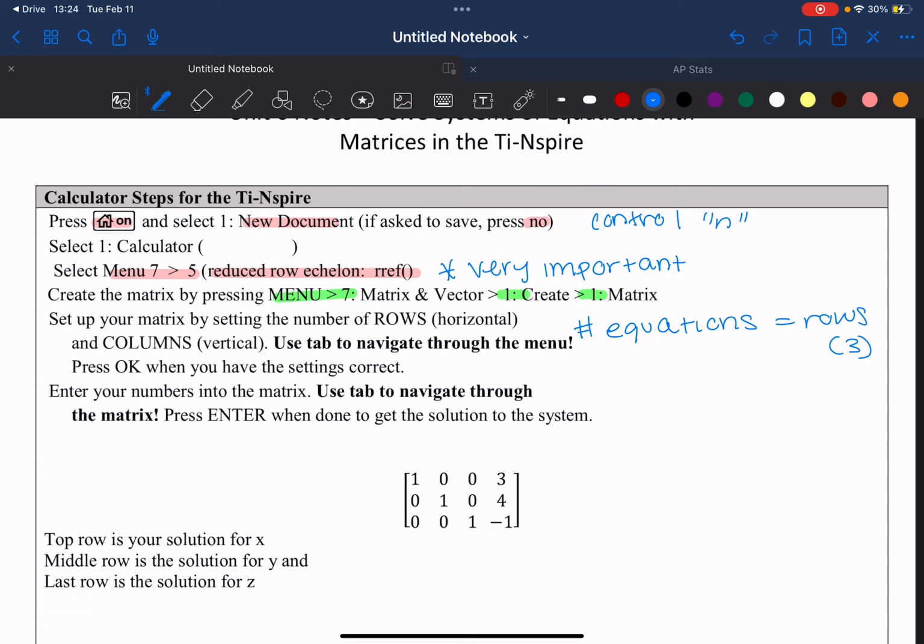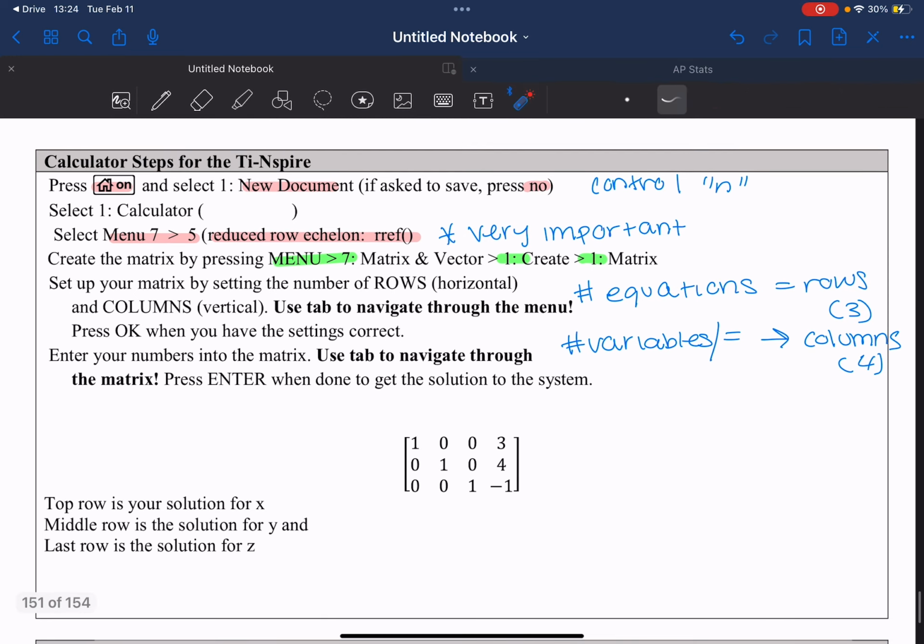And the number of variables, including the equal sign, is our columns, so in our case 4. So you should always be doing a 3x4 matrix.